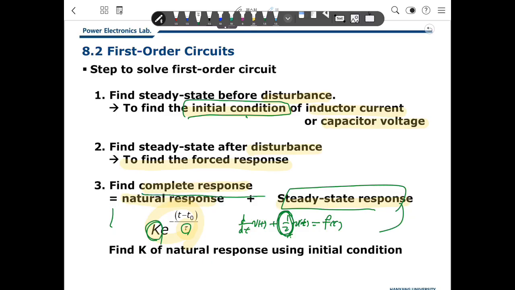Because this is second order, we need to know two different initial conditions, and the form of the solution is a little different. Except for these two points, this procedure is the same. So you need to be familiar with this process to solve the first order circuit.